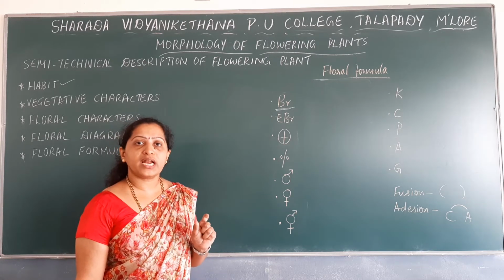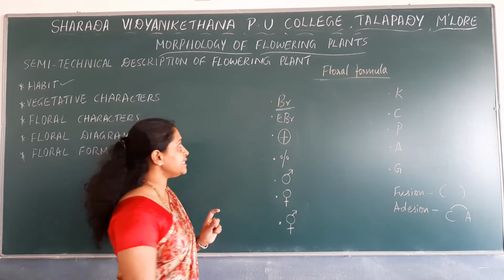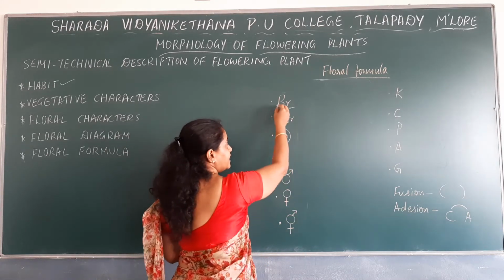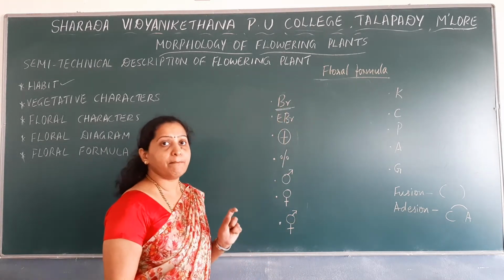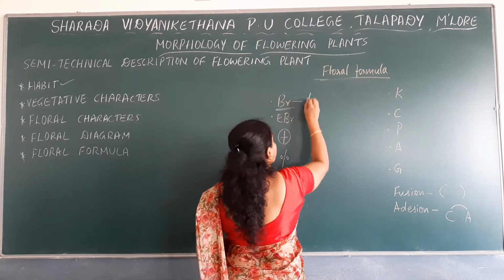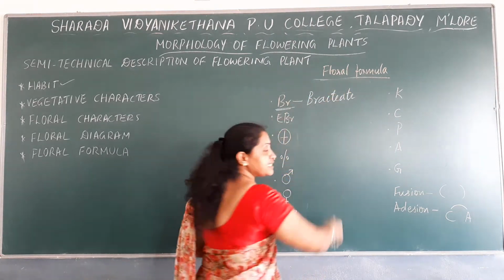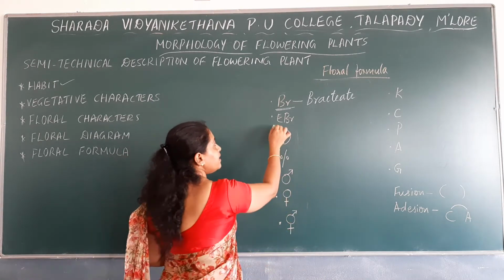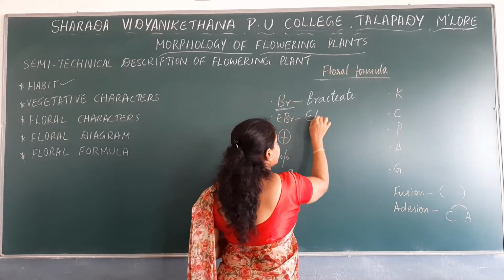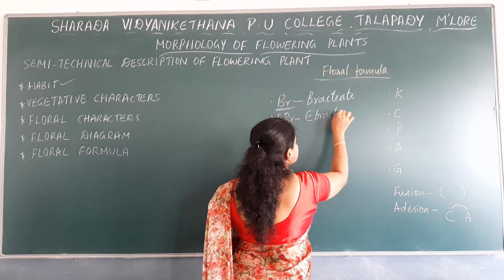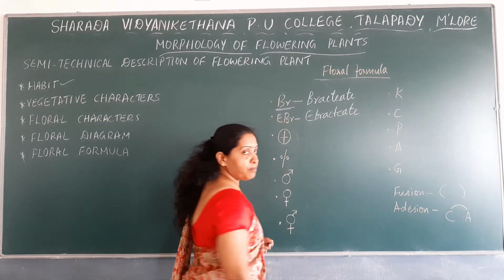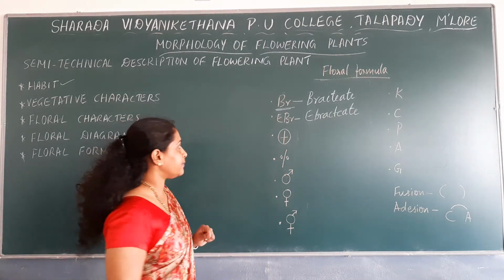If the floral axis has bracts, it is termed bracteate and represented with BR, that is, presence of bracts. EBR refers to ebracteate, which means bracts are not present.